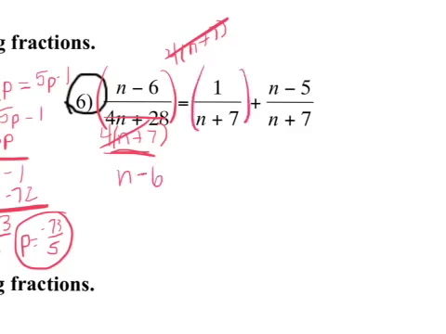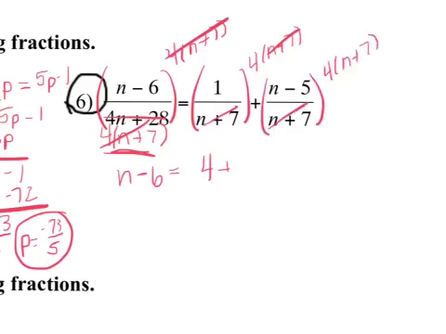If I multiply this one times 4, parentheses n plus 7, the n plus 7's cancel out, and 1 times 4 gives us 4. If I multiply this one by the 4 parentheses n plus 7, the n plus 7's cancel out, and I'm distributing this 4. So I've got 4n minus 20. 4 minus 20 gives me my negative 16 plus 4n, bring down the rest.